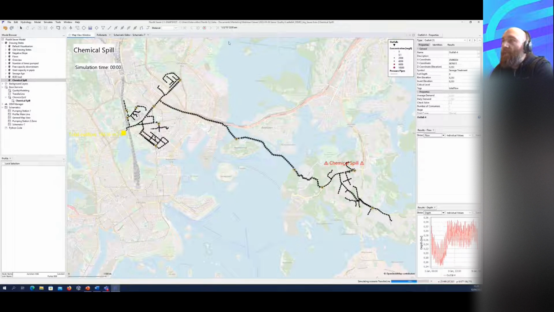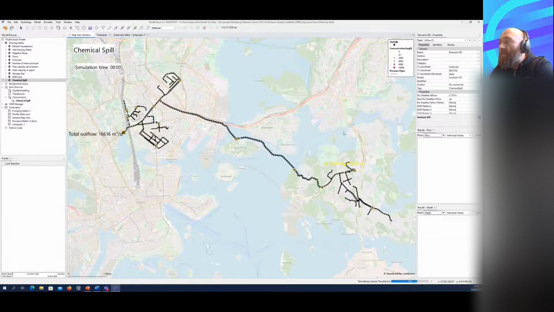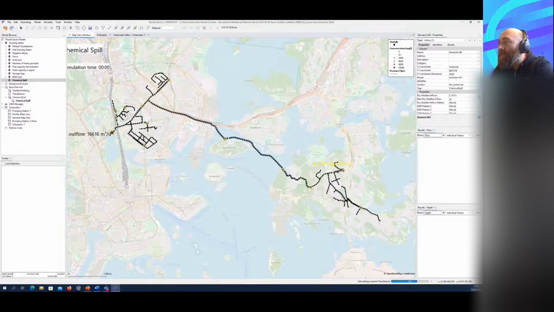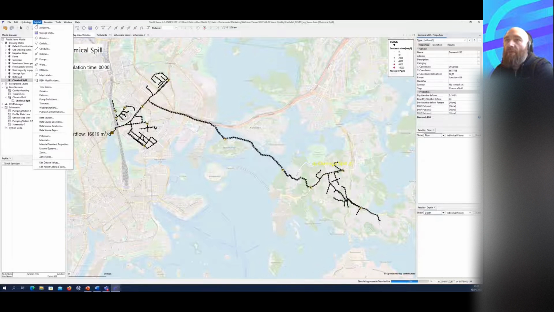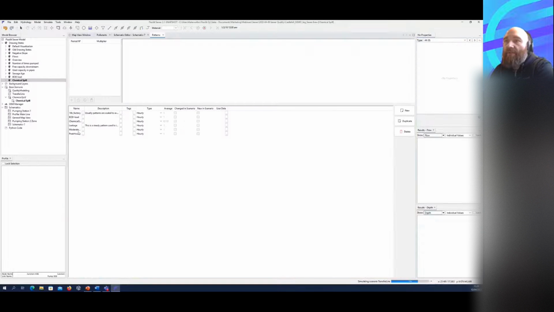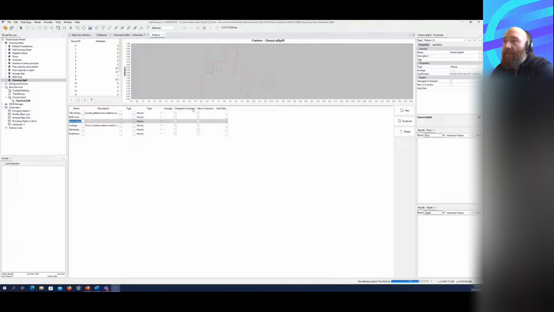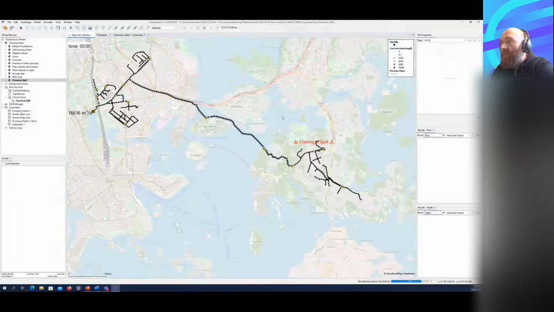So I have simulated it with quite big concentration and with a pattern that's not constant. So you can have a pattern for this chemical spill that kind of simulates so it will be 50% at 6 a.m. and it will rise gradually to 1 and then decline a bit faster.